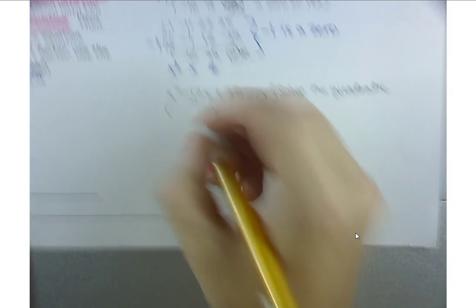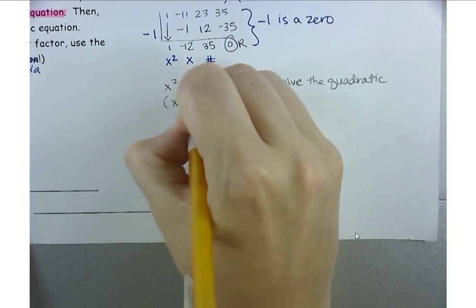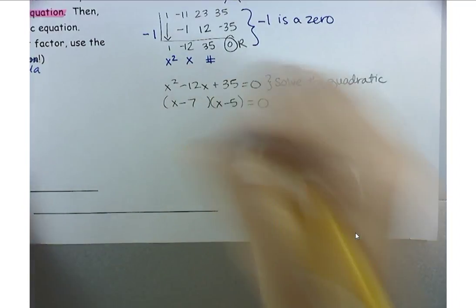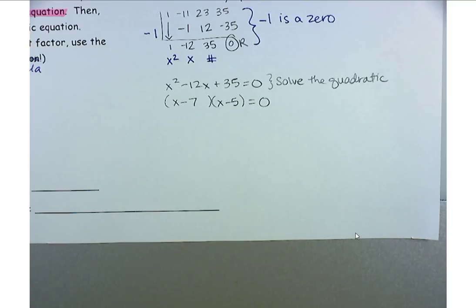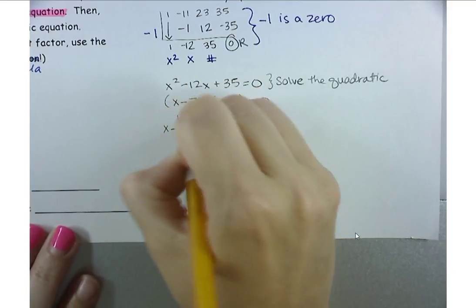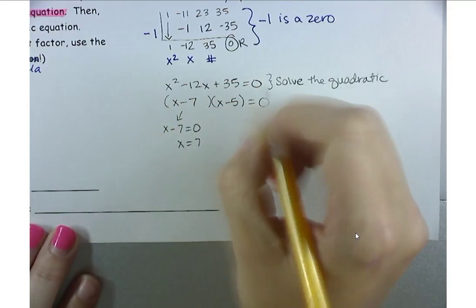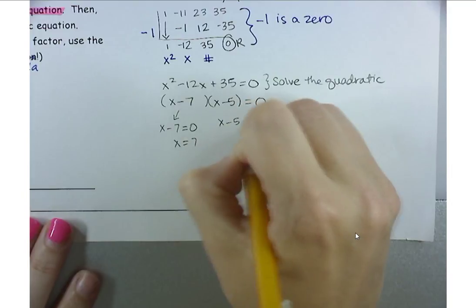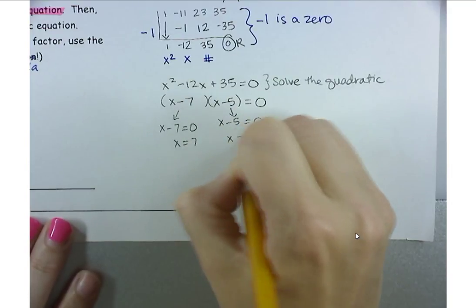Okay, good. In this case, they both would have to be negative, so minus 7 and minus 5. How did you guys do with that? Good. Okay, so then you can set each one of those equal to 0 and solve. So if x minus 7 equals 0, x would be 7. If x minus 5 equals 0, x would be 5.